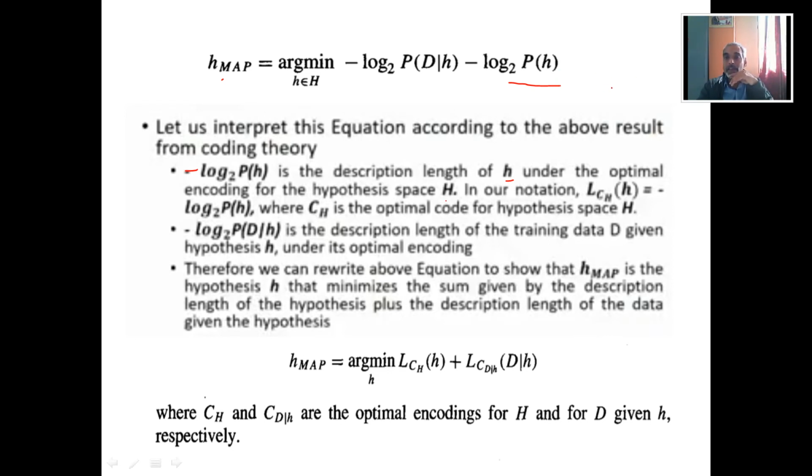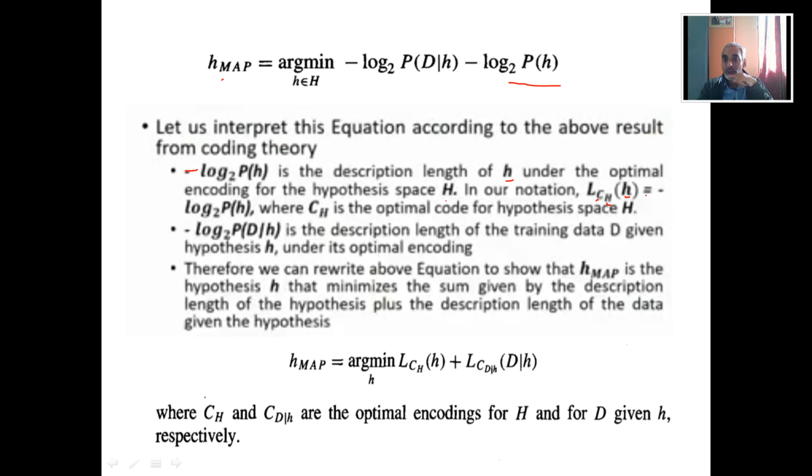Now when we convert this P of H into our notation with respect to coding theory or information theory, we can write it as LC of H. So this is nothing but the description length of hypothesis H under your coding scheme C, over the set of all hypotheses, capital H.